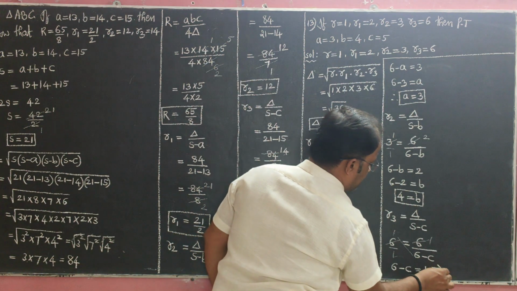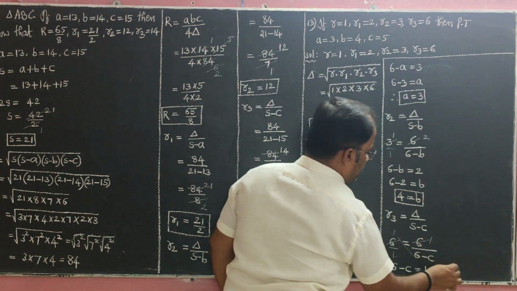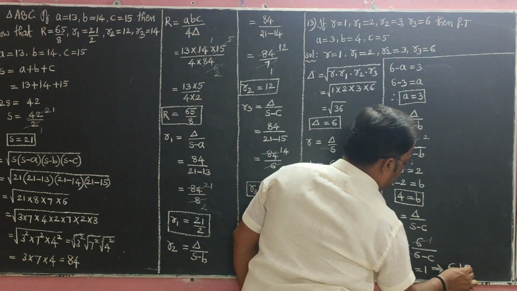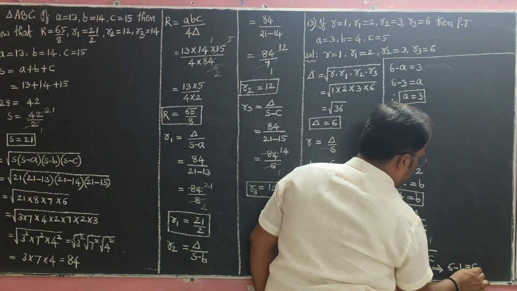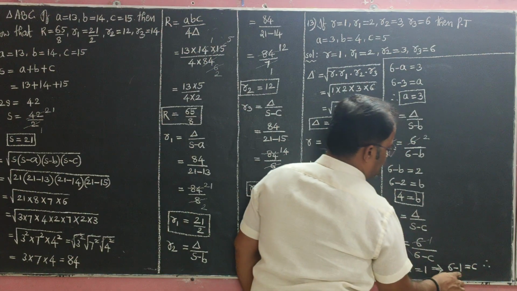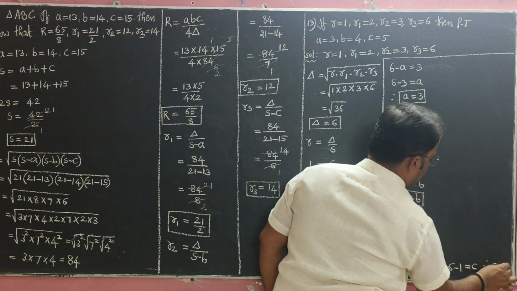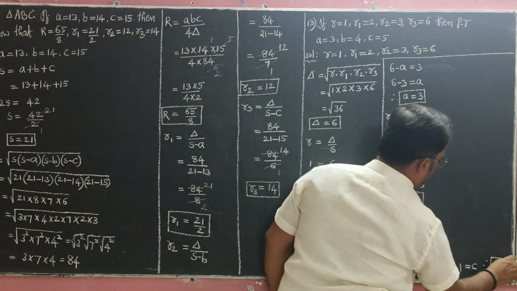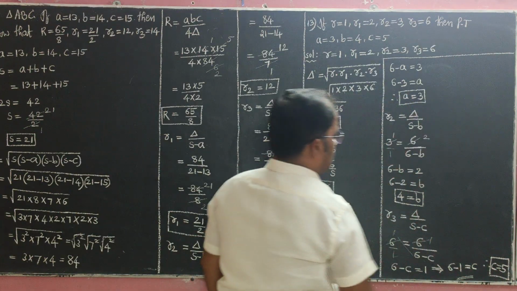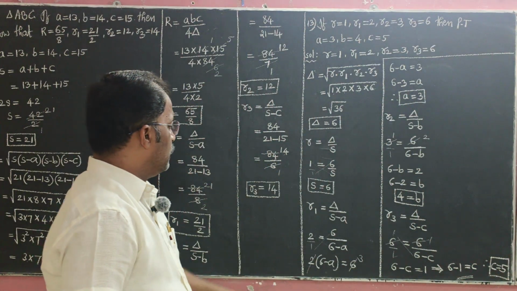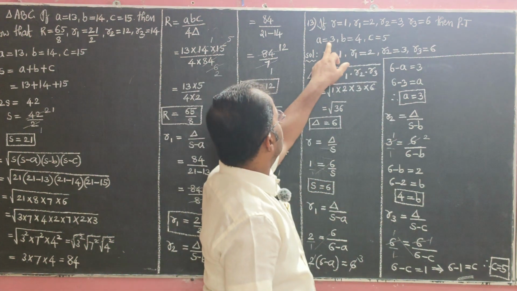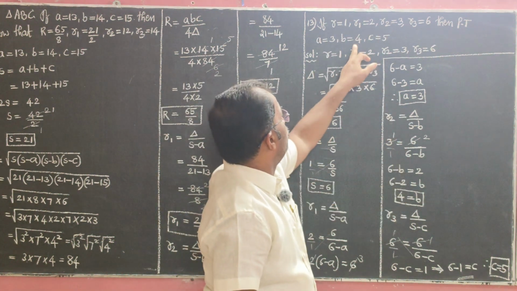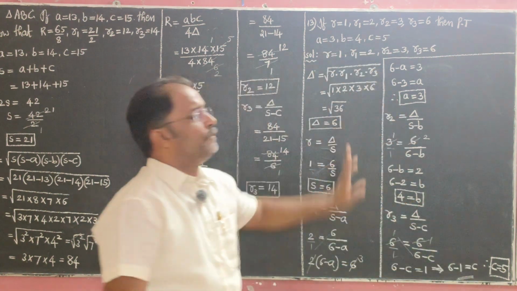So 6 minus 1 on the left side, and minus C becomes plus C. Therefore 6 minus 1 is 5, which means C equals 5. Clear? These are the A, B, C values. What is the A value? 3. The B value is 4 and the C value is 5.